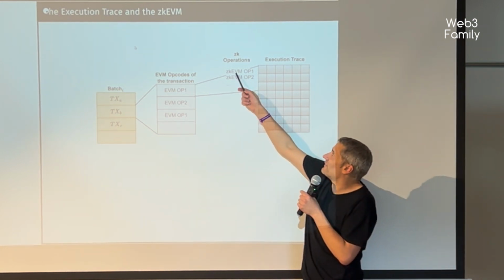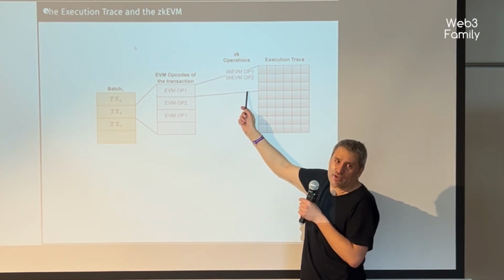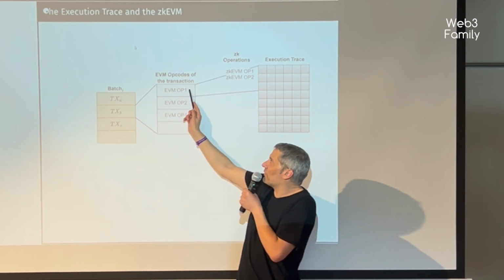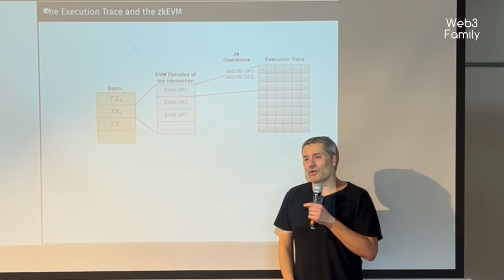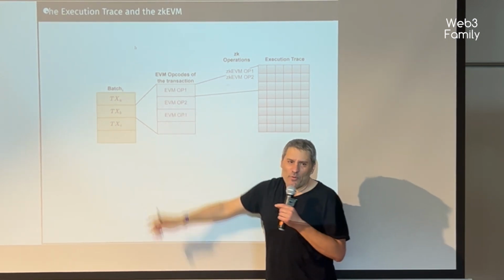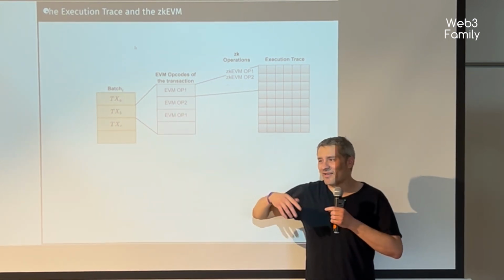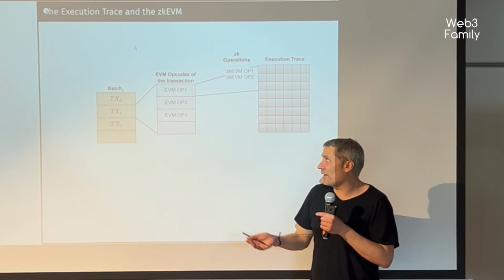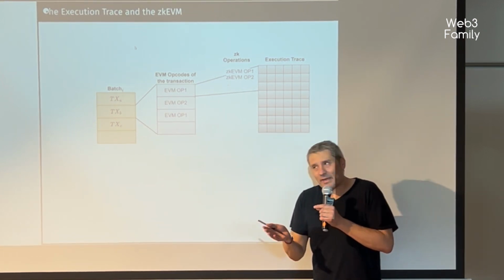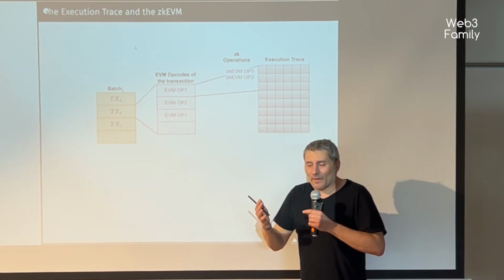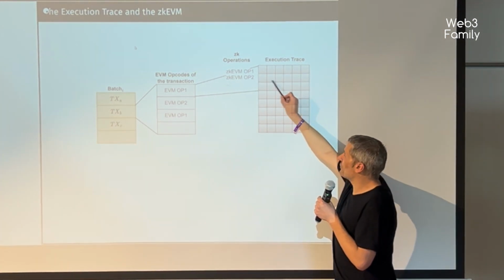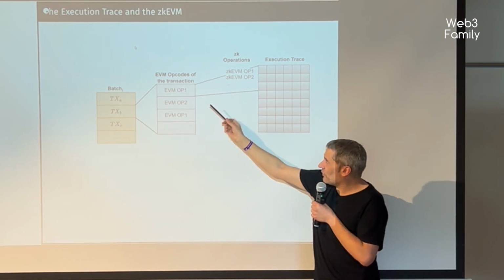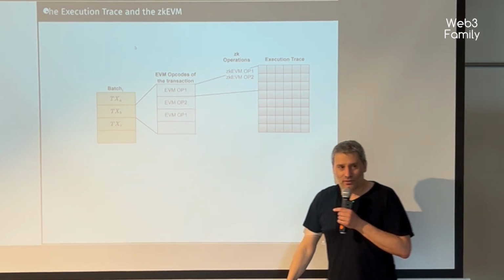So we will need several operations until we are able to prove one of these EVM opcodes, because EVM opcodes are quite high level. I mean, each opcode in Ethereum. There are easier ones, but some of them are really complex. So we may need a lot of rows in the execution trace to prove maybe one complex operation, okay?